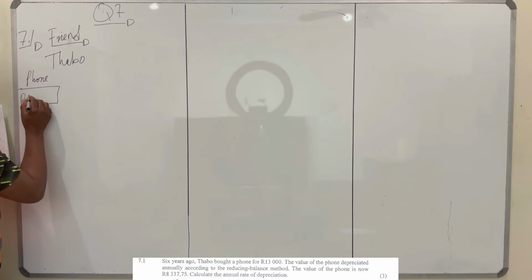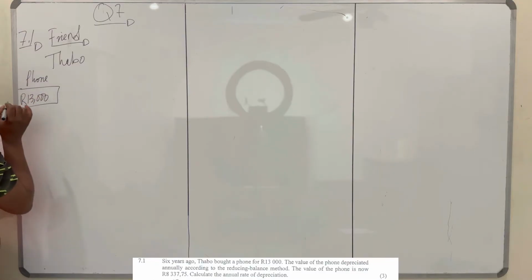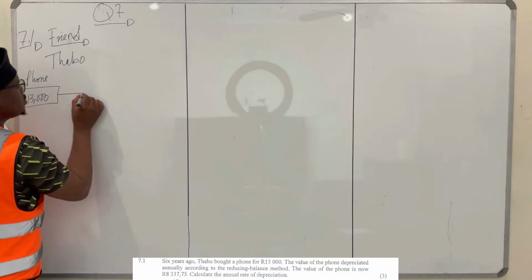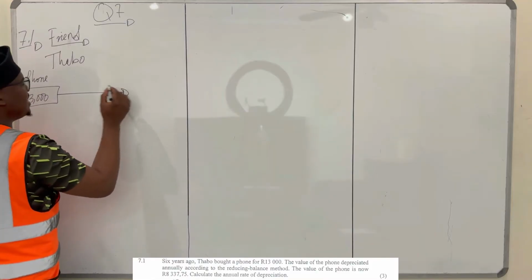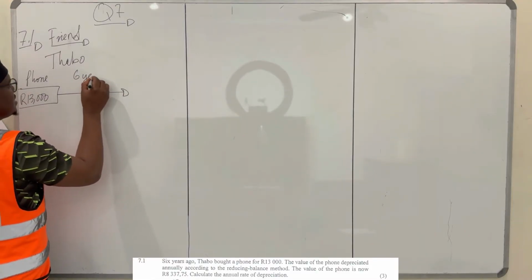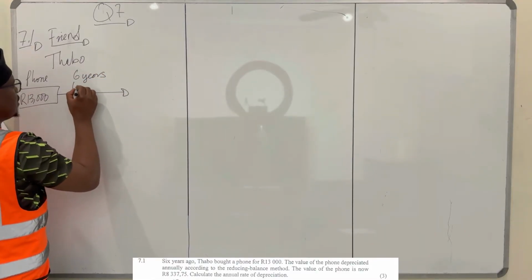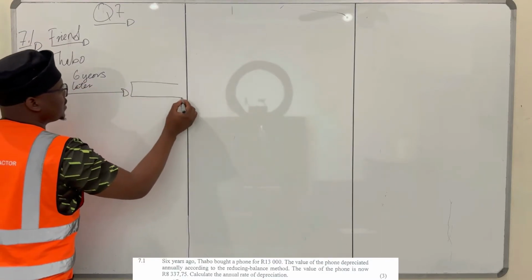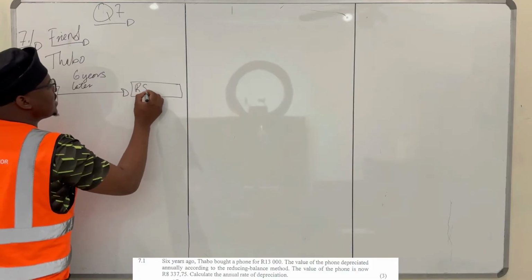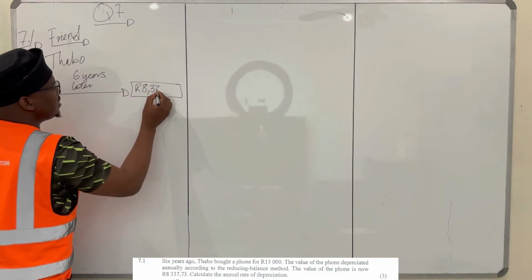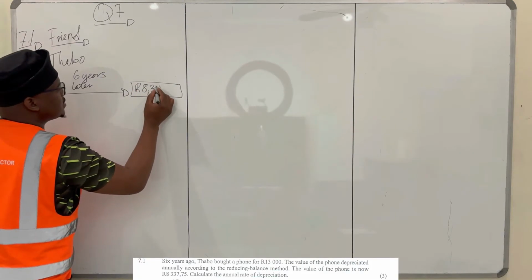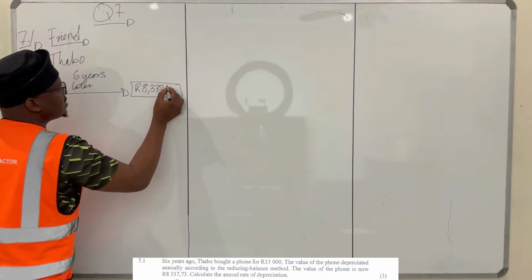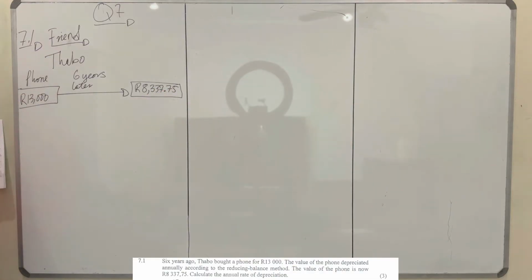He bought this phone for 13,000. And we are told that 6 years later, the value of the phone is 8,337 rands 75 cents. That's what they're telling us.